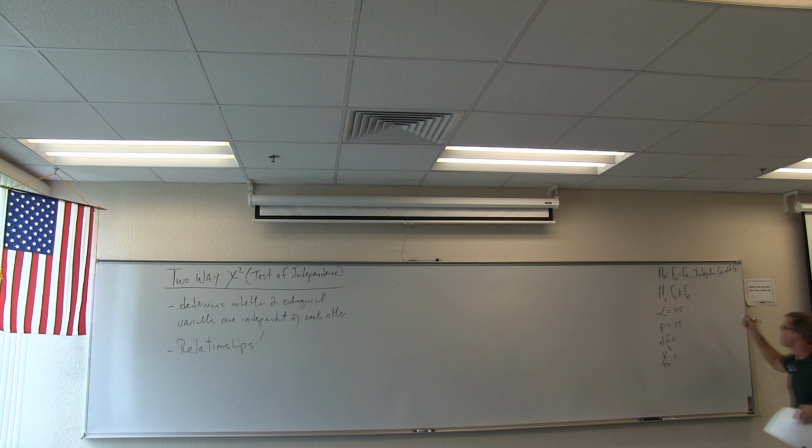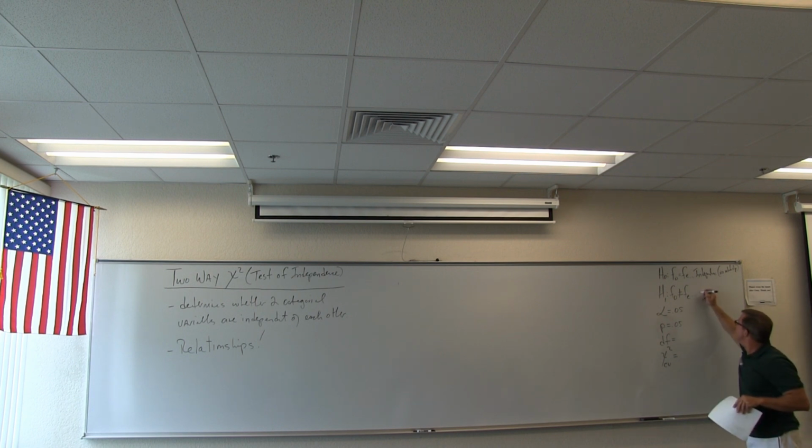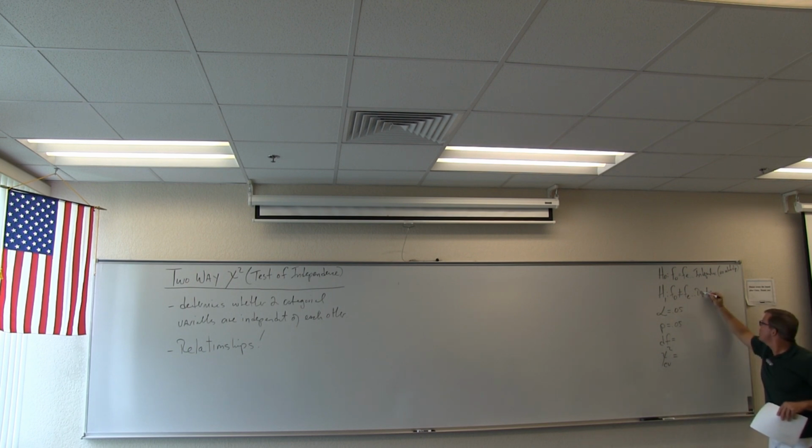The alternative hypothesis implies dependence. And we know the term dependence implies there is a relationship. When two entities are in a relationship, they're dependent on each other, right? So dependence, there is a relationship.